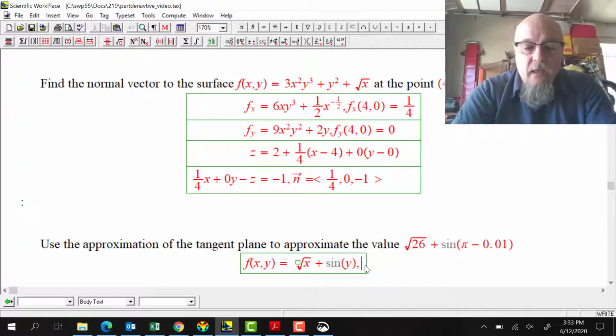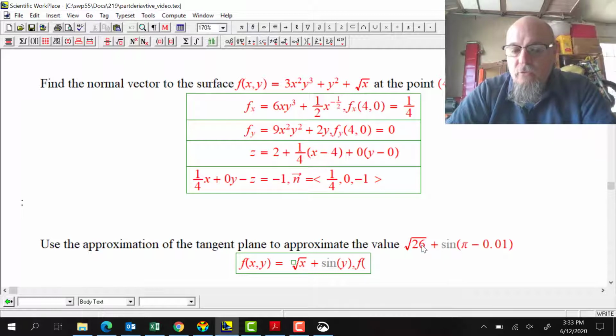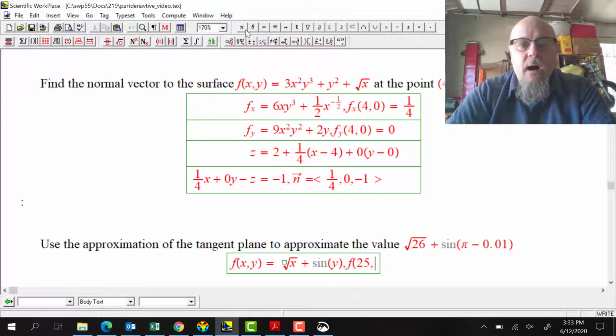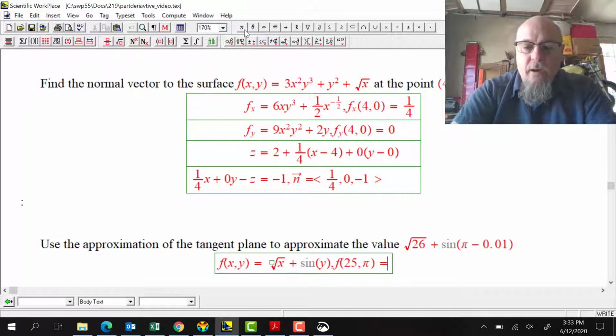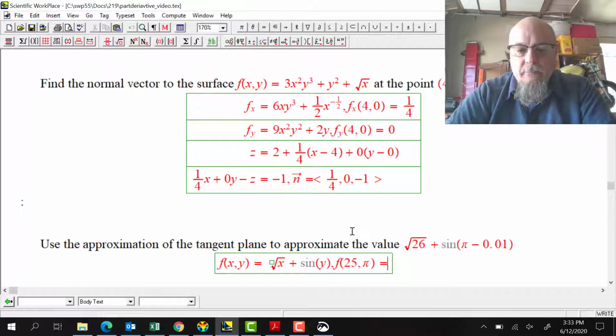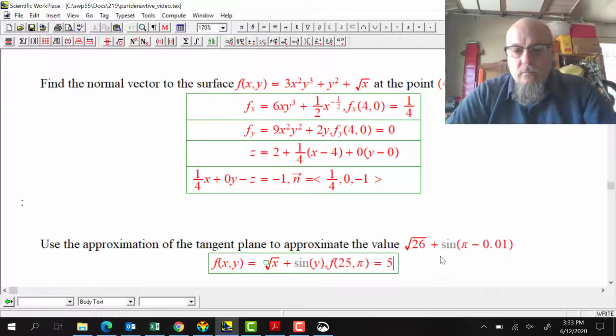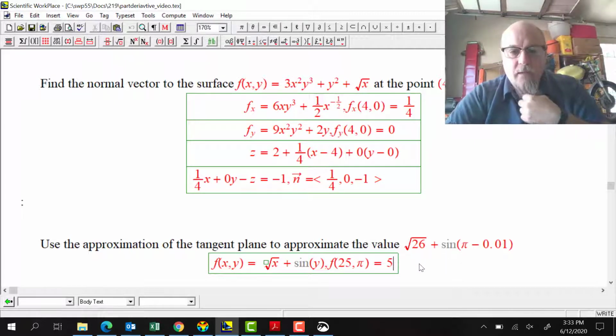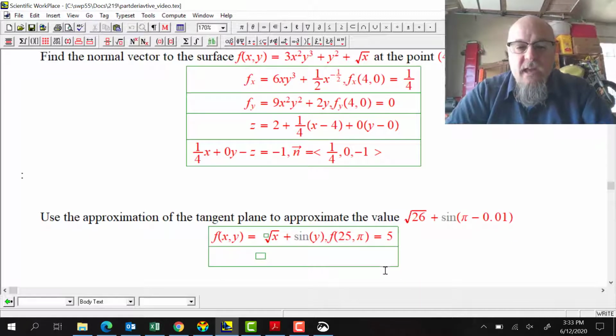So I'm going to pick a value close to the 26 whose root I know, 25, and whose y value is close to pi, pi minus 0.01 pi. So I know this value exactly. That's 5: the square root of 25 is 5, plus sine of pi, 0. And now I'm going to get the equation of the tangent plane to this surface at this point.